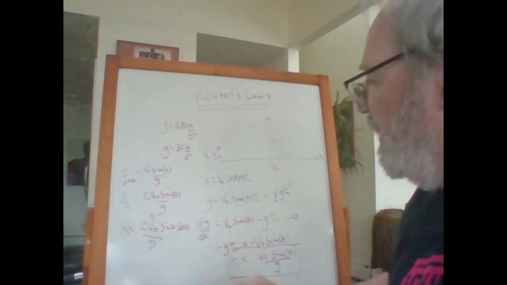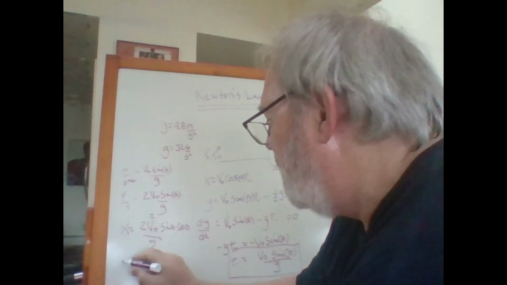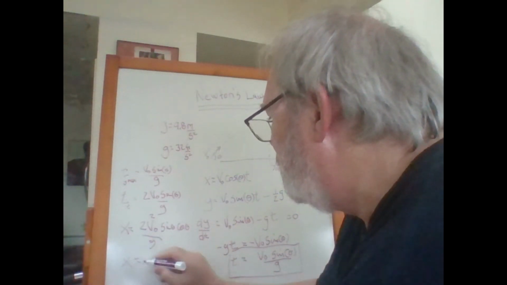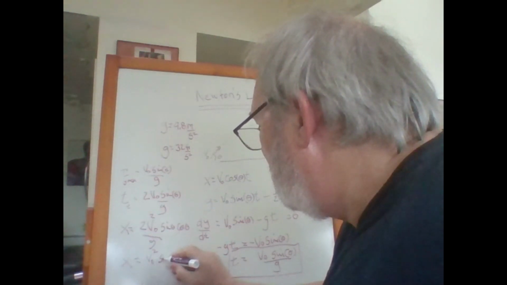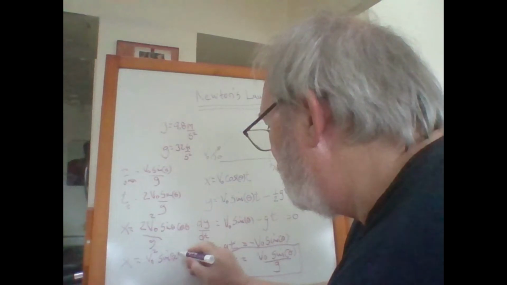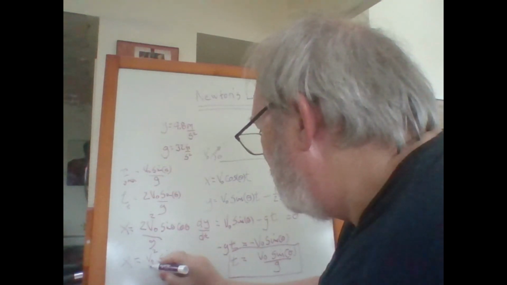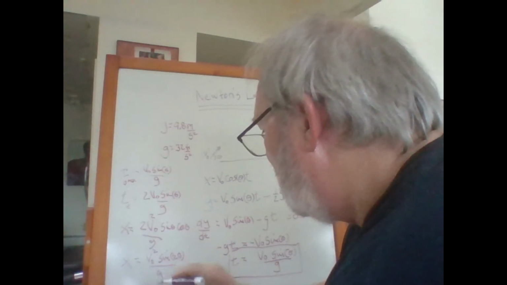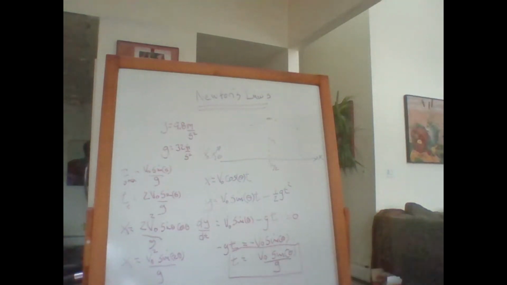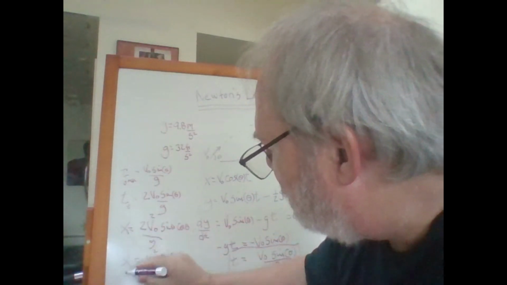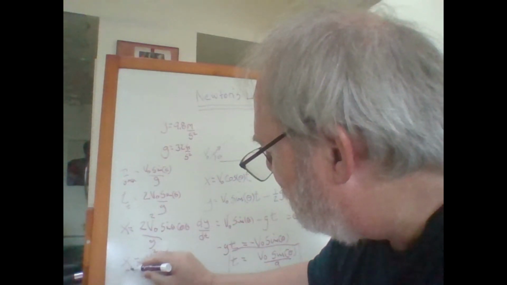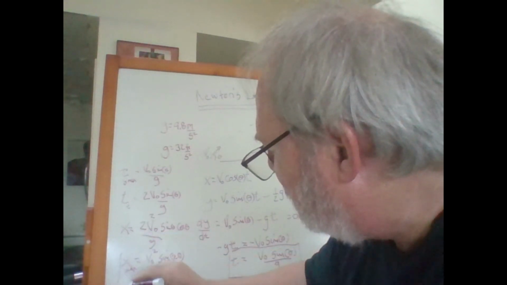But we can use our trigonometric identity, and that is equal to v naught squared sine of 2 theta over g. And so that's the maximum distance. So that tells us that's x max. That's where it's going to land.